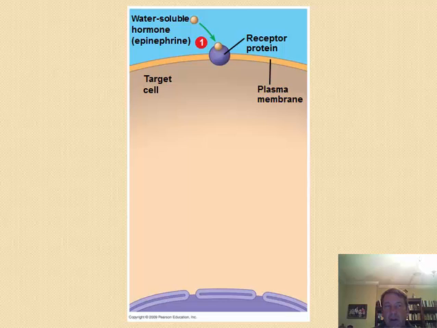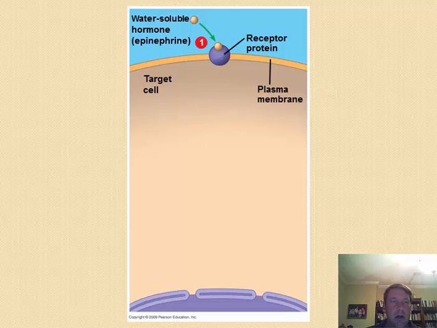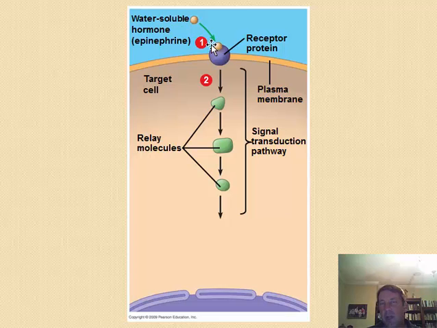We have lipid-soluble and water-soluble hormones. The water-soluble hormones, like epinephrine, which is an example they're mentioning here, will attach to a protein on the membrane of this target cell. The protein will then pass the hormone's signal into the cell. It can't just go straight through the membrane into the cell. It has to have this protein on the membrane to allow it to get in.